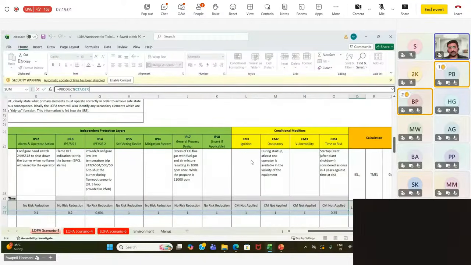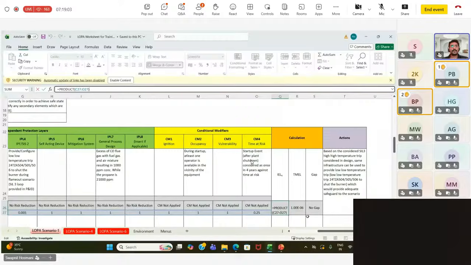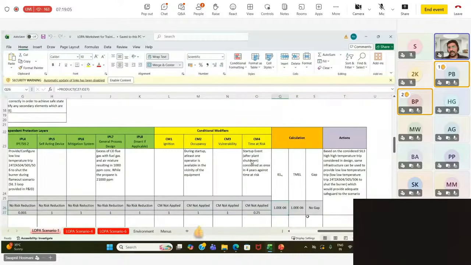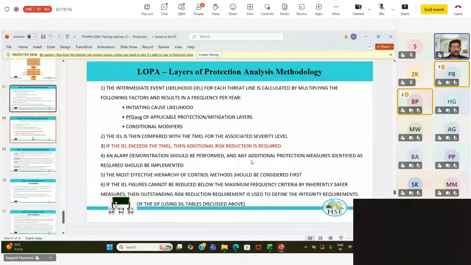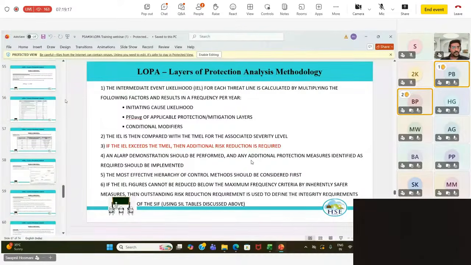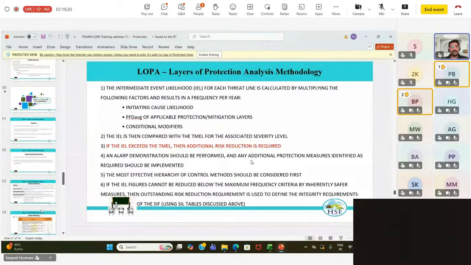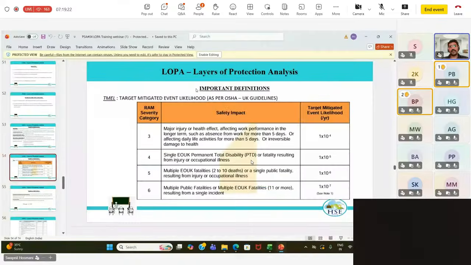Fine till now. Now we are going to have this TMEL, because we need this for comparison. Target mitigated event likelihood: from the flow sheet, here is where we get the TMEL. As you recollect, in the morning session we discussed the UK OSHA guidelines.